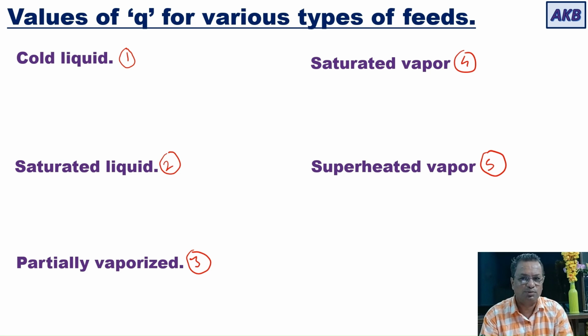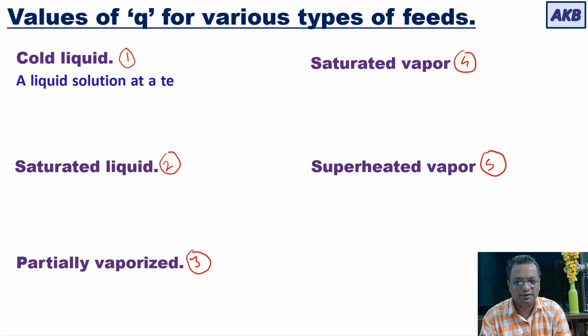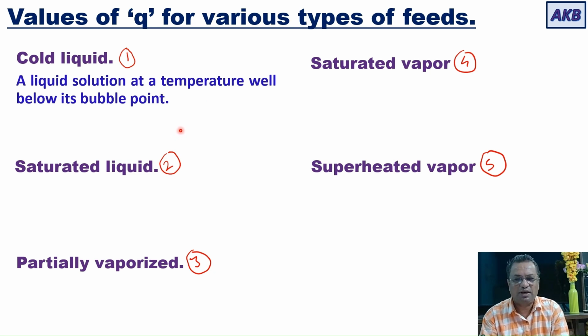Now let us briefly know more about each type. Cold liquid is nothing but a liquid solution at a temperature well below its bubble point. So when you have feed as a liquid solution at a temperature that is well below its bubble point, we call that feed cold liquid.